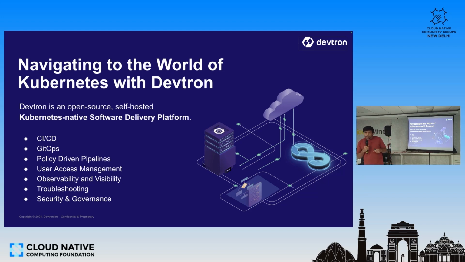Also, you can link an external dashboard like Grafana to get a deep dive into observability and visibility. What I mean is, if you add your cluster to Devtron, it will show what namespaces it contains. You can even operate on your cluster through Devtron. You can create resources, delete resources, and tweak the configurations.